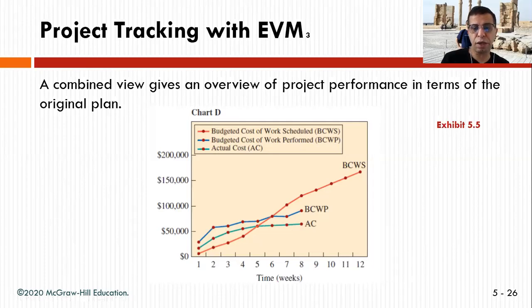So project tracking all in one is a combined view, which gives an overview of project performance in terms of the original plan. So you have an original plan, and then you will see the work performed, whether it is accordingly using the budget itself, using the dollar sign, and what's the actual cost.